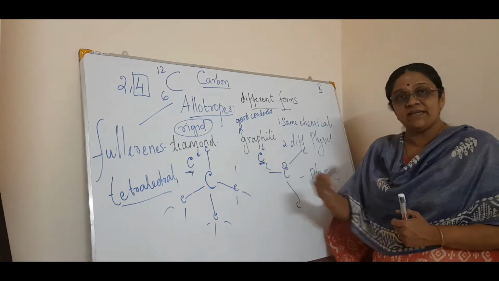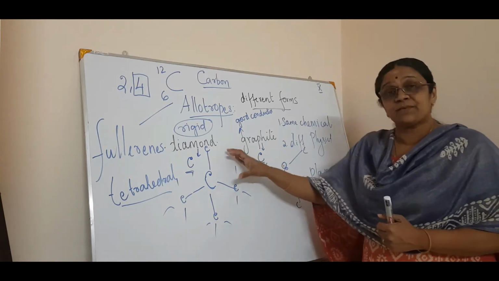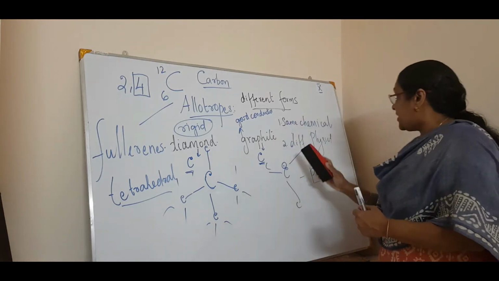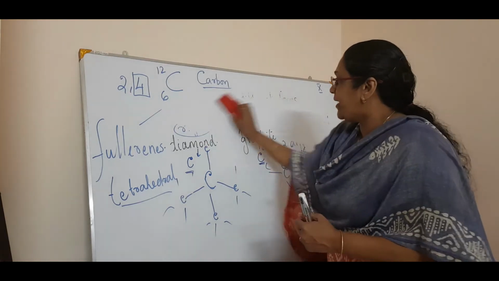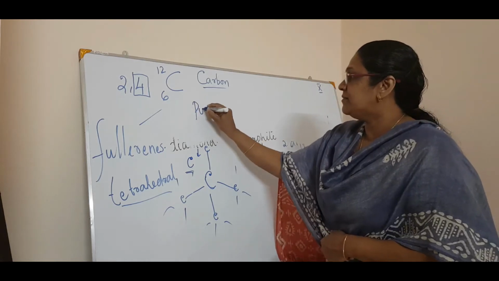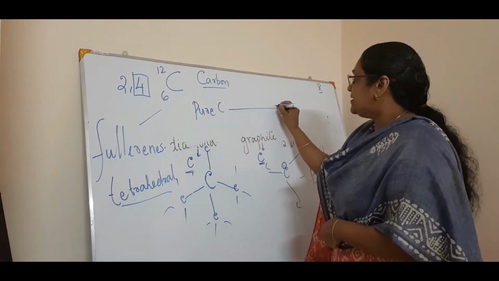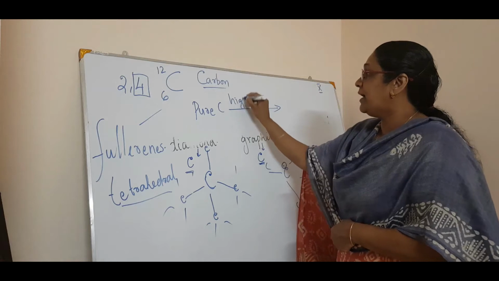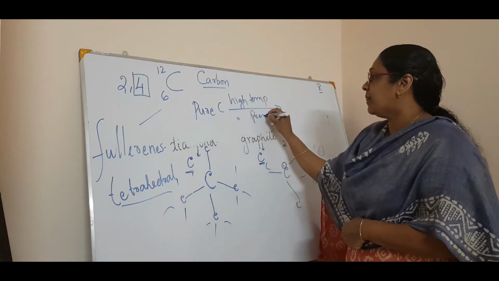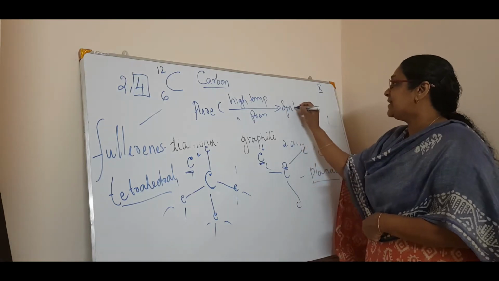How? Diamond is carbon. Now when pure carbon is subjected to very high temperature and also high pressure, you can synthesize diamond.